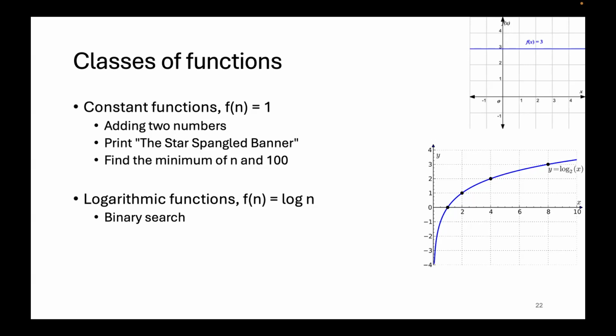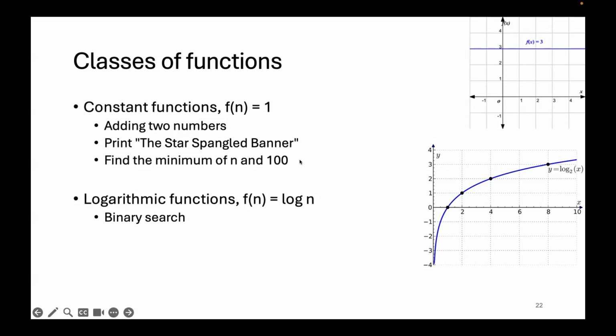It happens instantaneously, which, for example, is something like adding two numbers. In our RAM model of computation, if you add two numbers, the plus just takes one time step. So we're done. It's constant. It's not in terms of our input in any way. Print the Star Spangled Banner. If we know how long it is, we just print it. That's one thing. We're done.